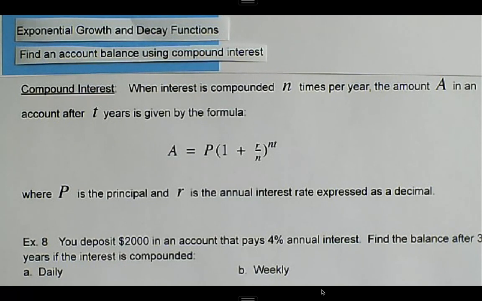We are talking about exponential growth and exponential decay functions, and we want to find an account balance using compound interest. Compound interest is when the interest is compounded n times per year.